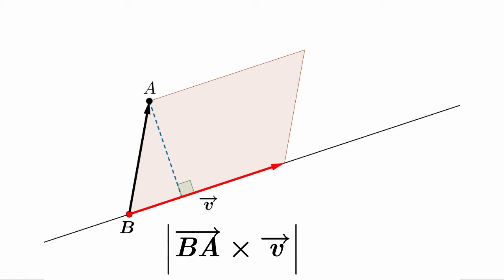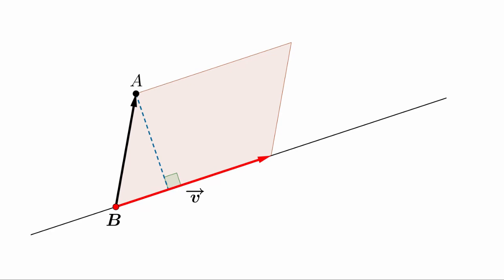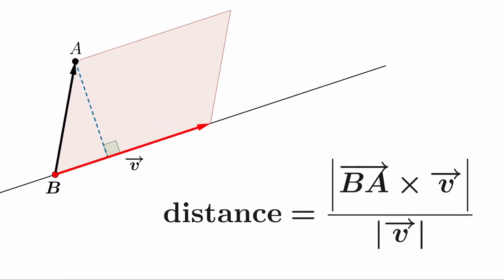Also recall that the area of a parallelogram is its height times its base length, which in this situation equals the product of the magnitude of V and the distance which we are looking for. Hence, the distance in question is simply the magnitude of the cross product here divided by the magnitude of the direction vector.